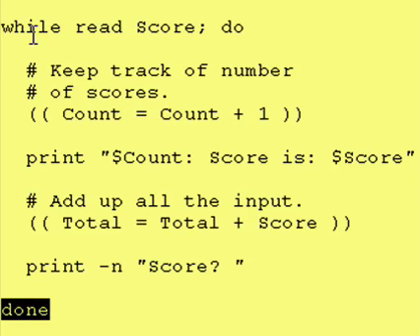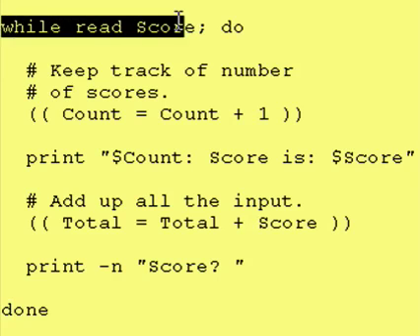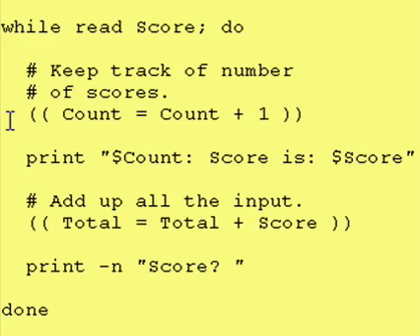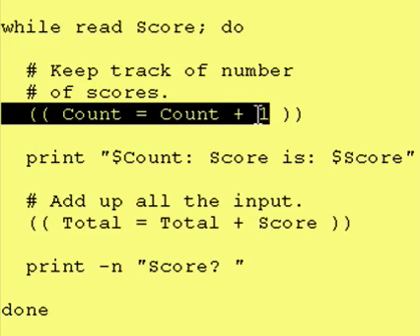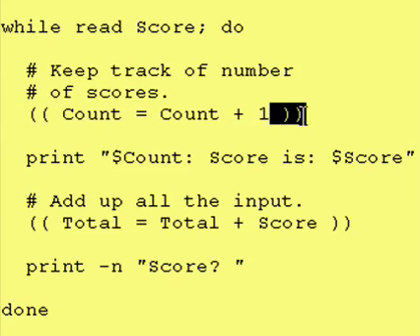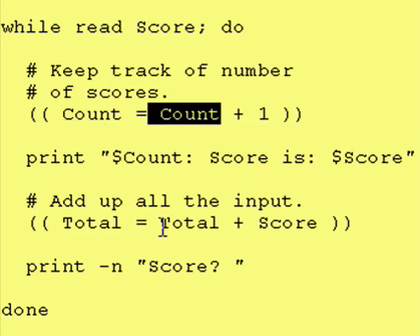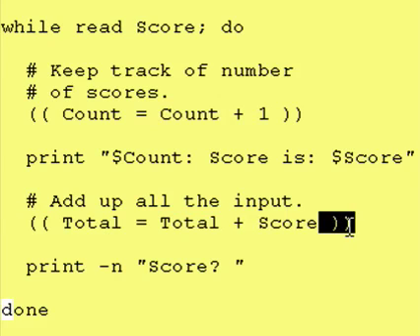And then it goes down to the done, which brings us back up to this right here. And once again, to do math within Korn Shell, you use the double parentheses, and you do not have to put dollar signs in front of variable names when you are inside of the double parentheses.